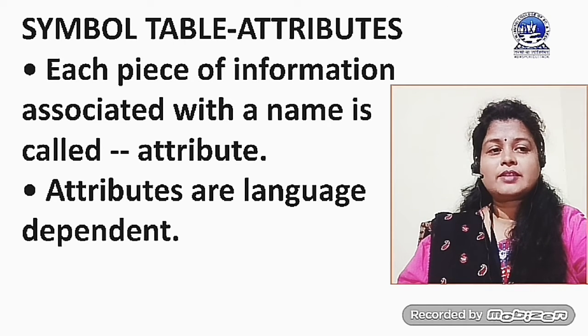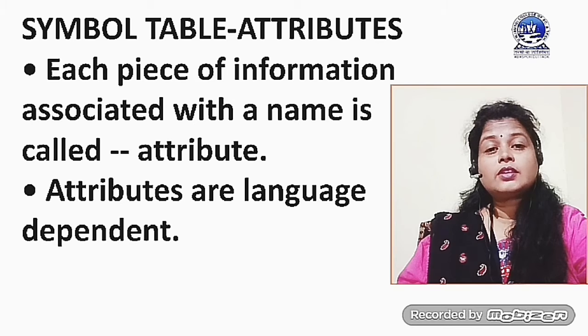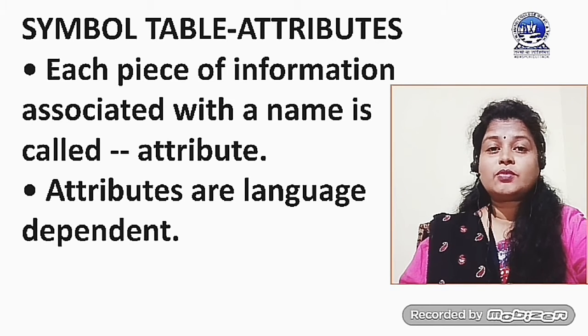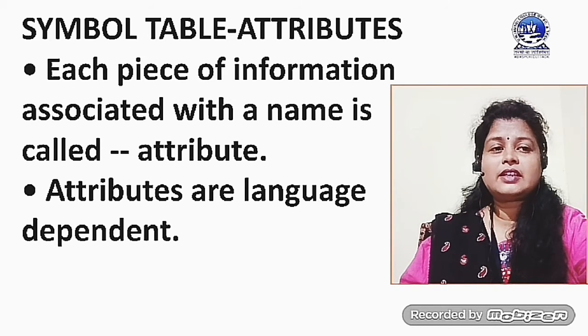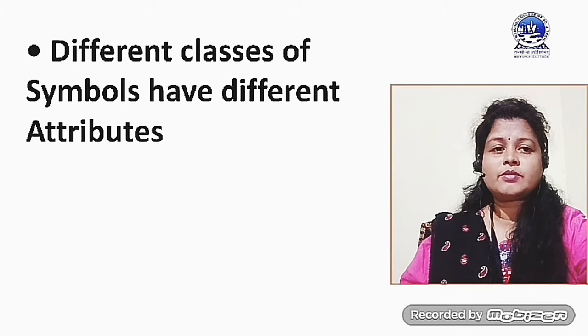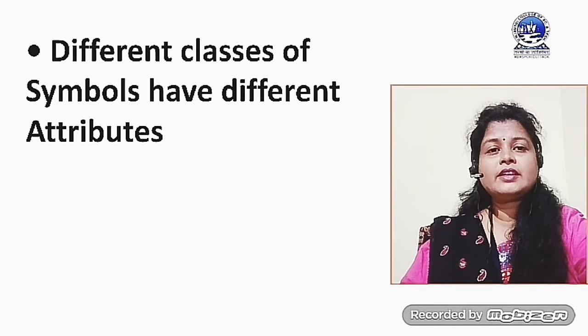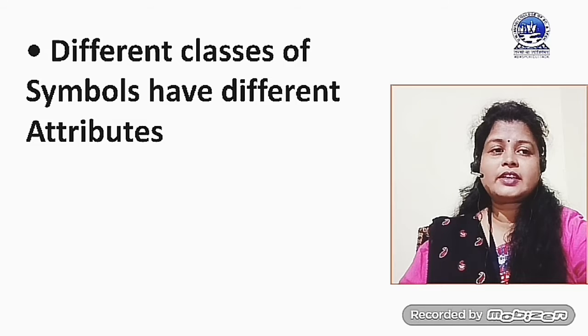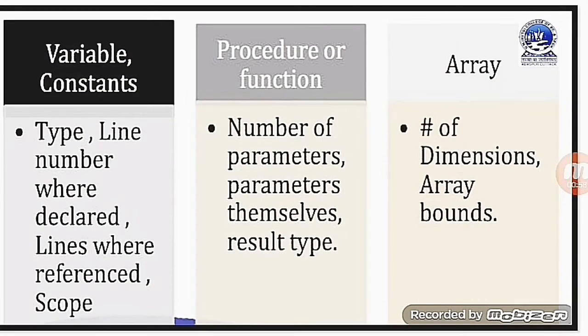Attributes are language dependent. Obviously, one language's rules may be different from another language's rules, and accordingly the attributes are different. Different classes of symbols have different attributes. Now we will discuss the different types of attributes: variable, constant, procedure or function, array.